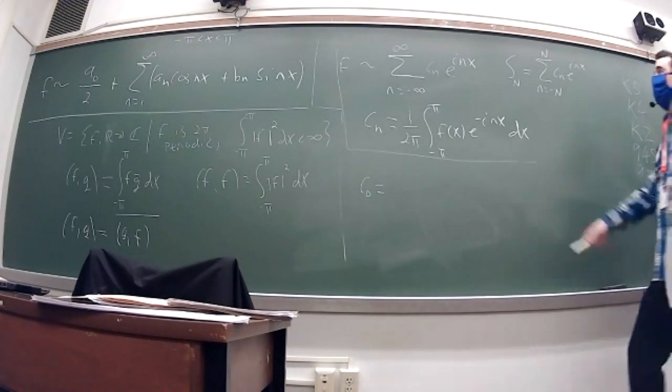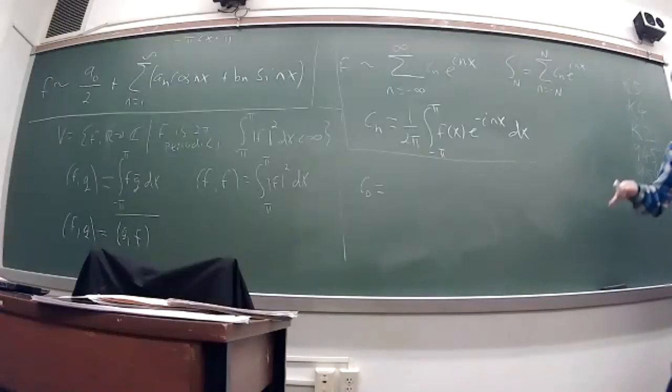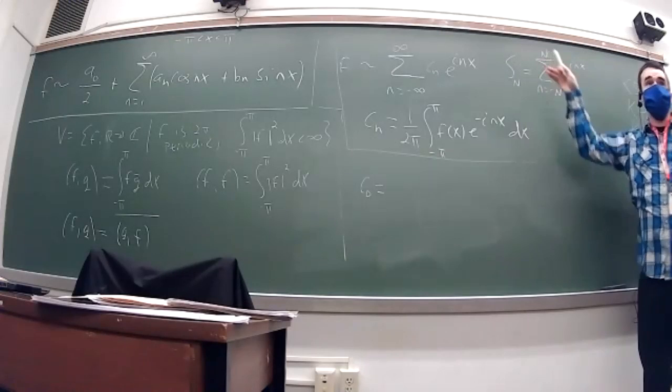And so this series converges if and only if this sequence of partial sums has a limit as capital N goes to infinity.